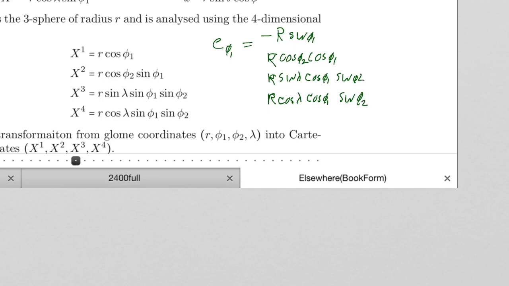And there you have the first basis vector of the glome.